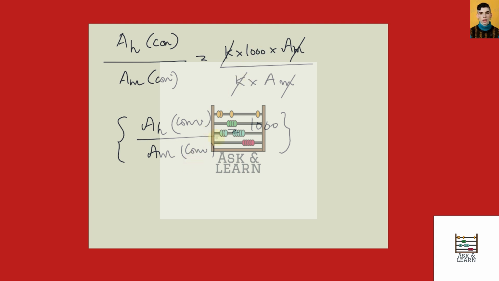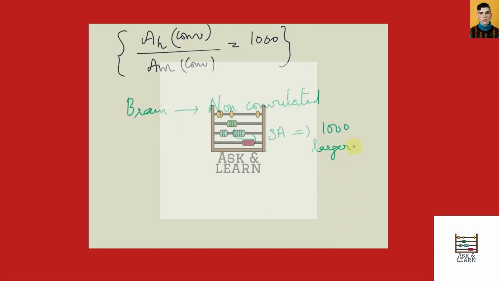So in summary, we can say that if the brain were not convoluted, then its surface area would still be 1000 times larger than the mouse brain, as it is shown with convolutions.